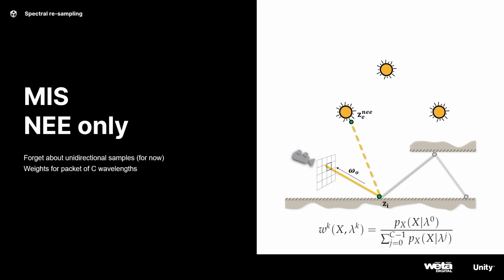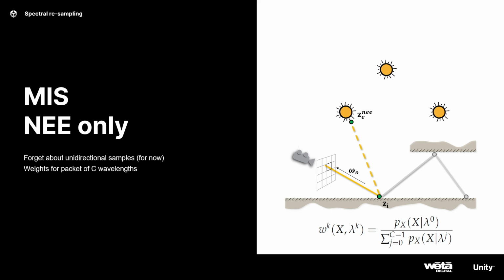So first, let's look at how the MIS weights look for the next event estimation case. And to simplify it even a bit more, let's assume that we have no unidirectional samples at all. This may sound strange, but even if we didn't have any unidirectional samples, we need to acknowledge the fact that we trace multiple wavelengths over the same path.